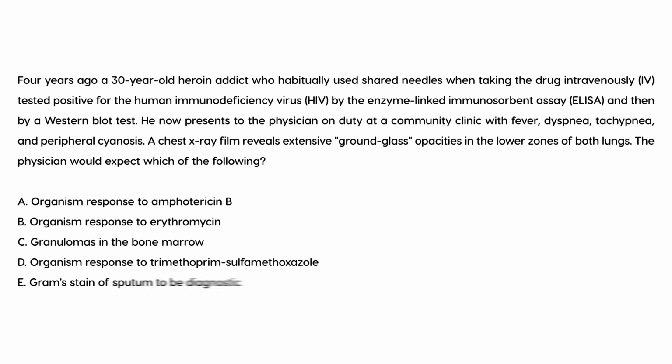And then finally, 4 years ago, a 30-year-old heroin addict who habitually used shared needles when taking the drug intravenously tested positive for HIV by ELISA and then Western blot. He now presents to the physician on duty at a community clinic with fever, dyspnea, tachypnea, and peripheral cyanosis.